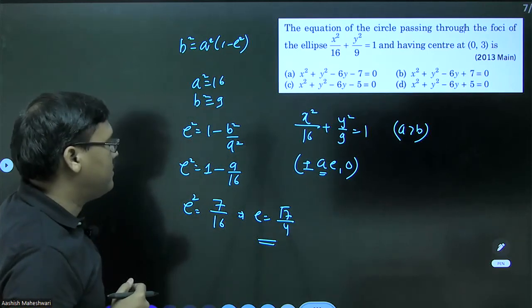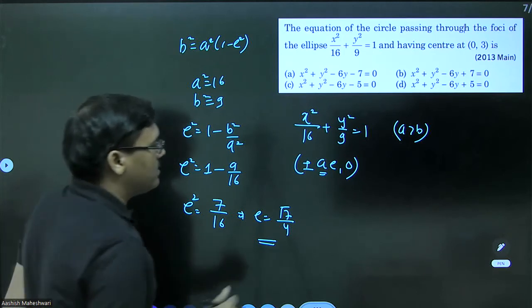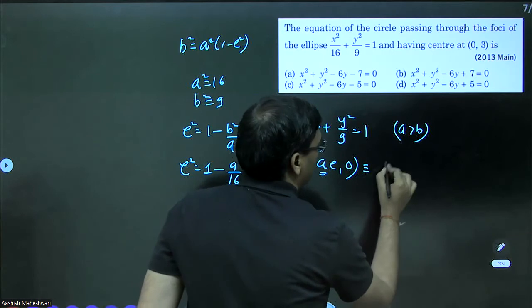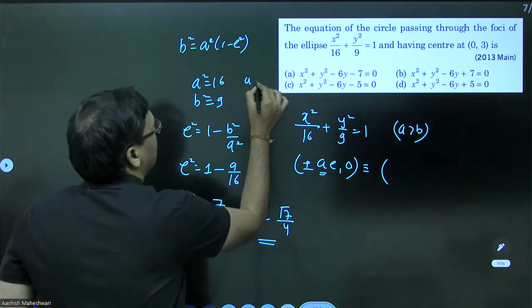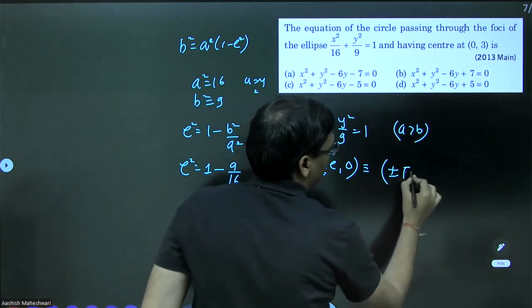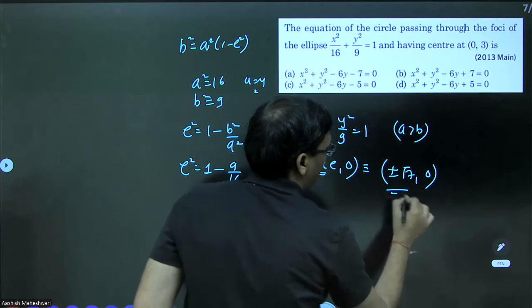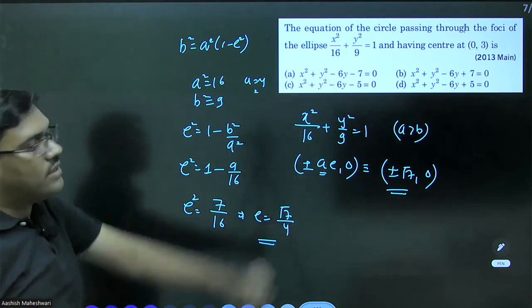I think this is correct. Yeah. So now what is the focus? A is 4. So A is 4, I put this. This is plus minus root 7 comma 0. Okay. So this is the focus, right?